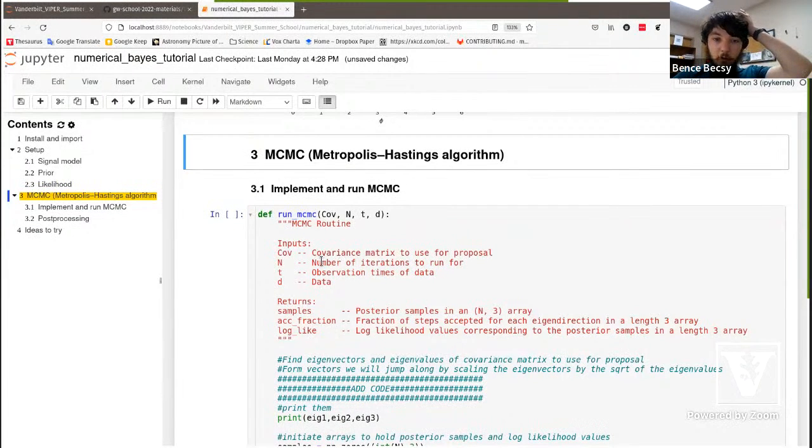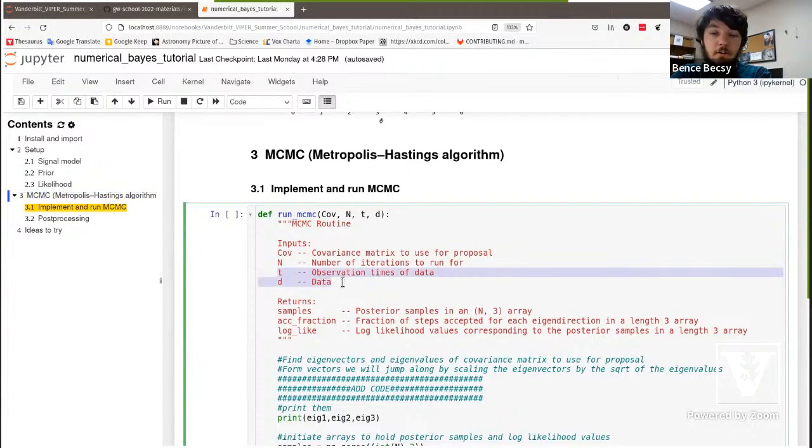So we have a function I called run MCMC that takes in 4 different parameters. 2 of these are just the T and D arrays that we need. This is basically the data we use, and we need those for the likelihood calculations. Then we have a number of iterations to run for.